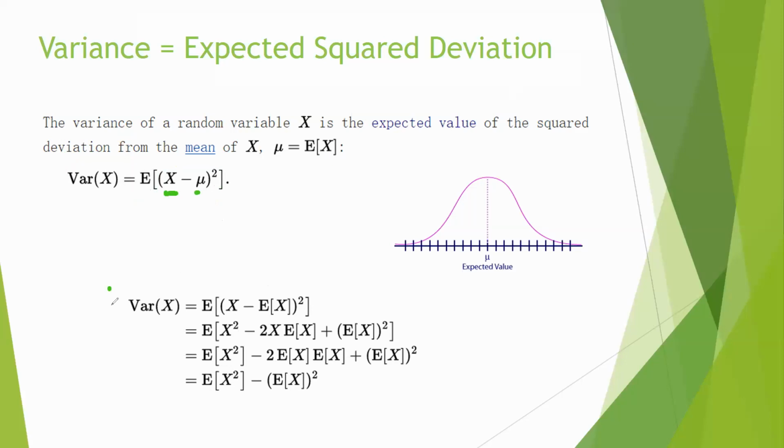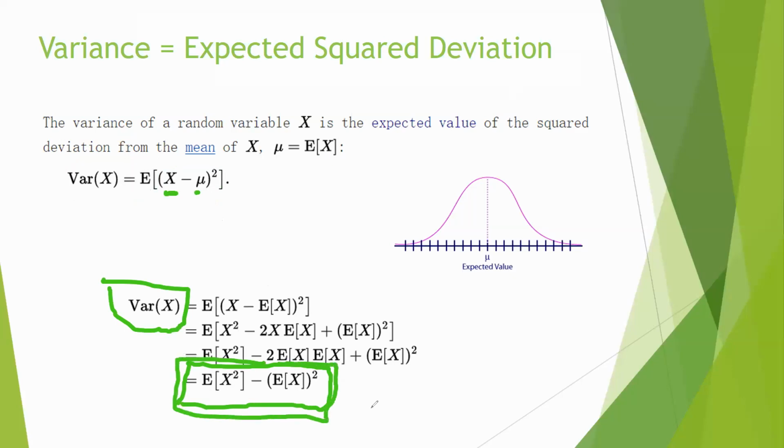And this is the formula. So in the test, I will give you some problems, and you need to use this formula to calculate the variance of X. But don't worry, if you do not remember this, in the final exam I'm going to provide these formulas for you. But you need to know how to use this formula to calculate the variance for a random variable.